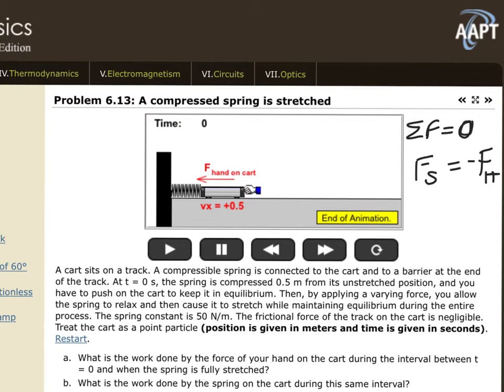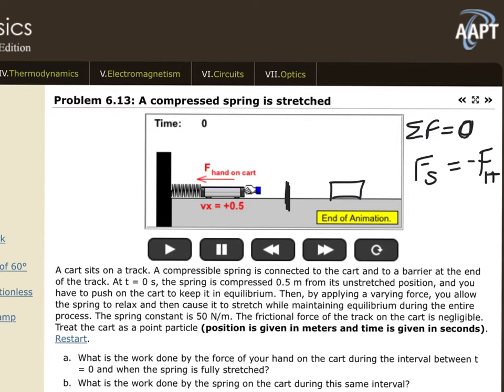And remember what we learned in the last one, that the spring force varies. It's going to be maximum here. Let's just say this is where it goes to. That's the middle. So the spring force is maximum at the ends, and so the hand force has to vary.